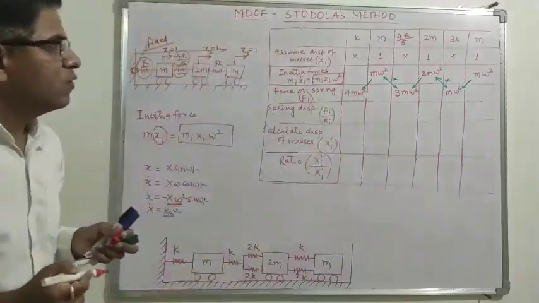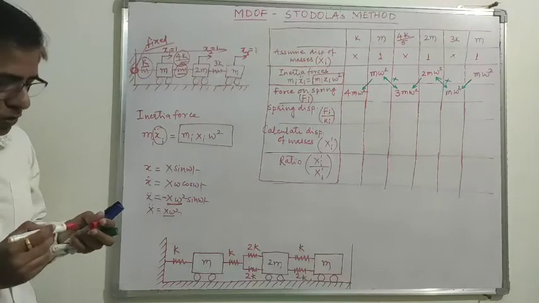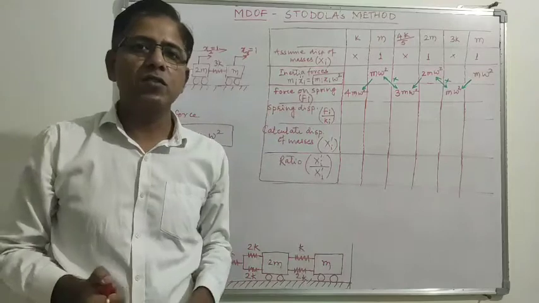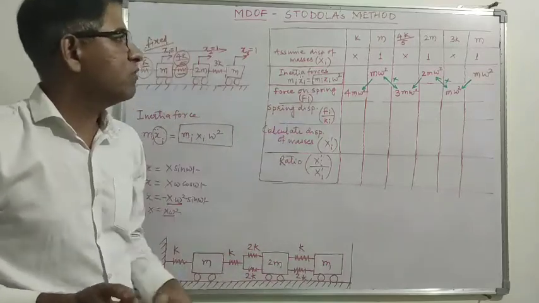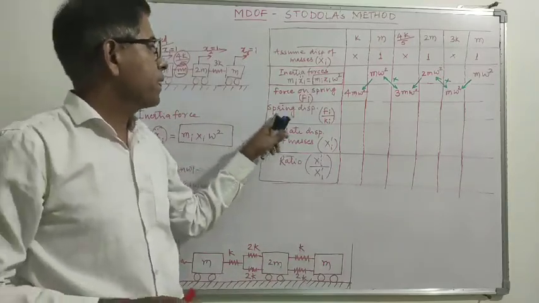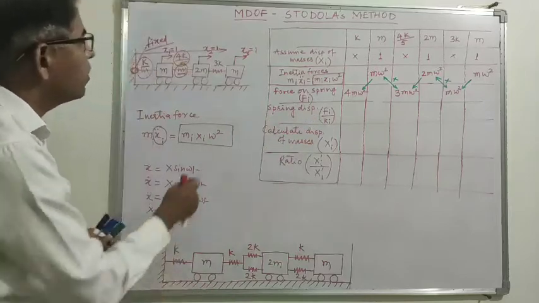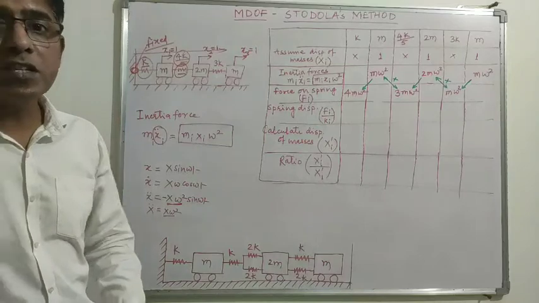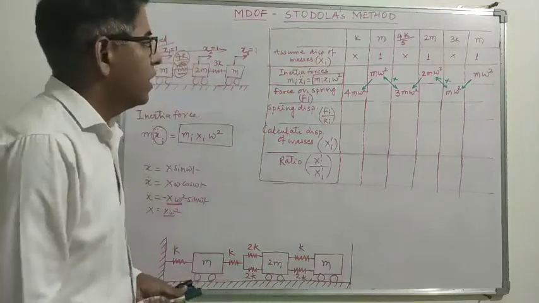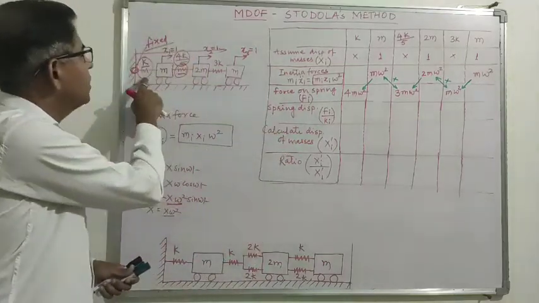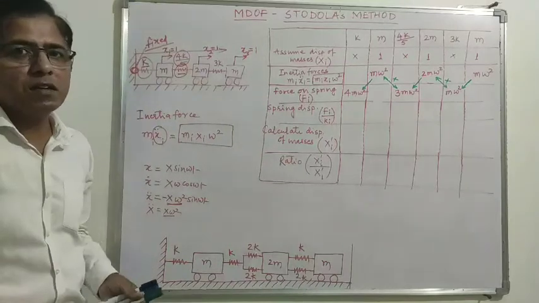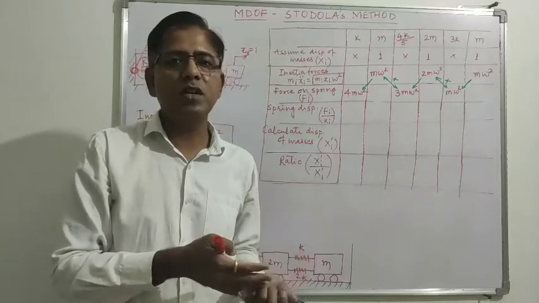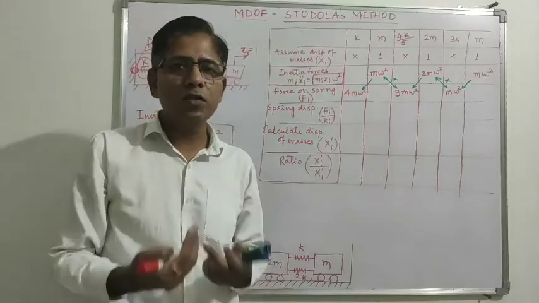So these are the spring forces, F1, F2, F3. Now the spring displacement. Because of the forces acting at these springs, what will be the displacement? We can easily find it out. We know that stiffness is nothing but force upon displacement, so displacement is equal to force upon stiffness.